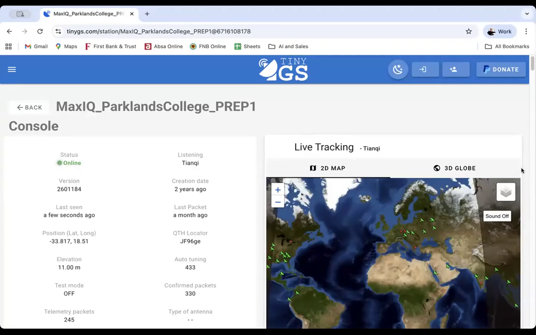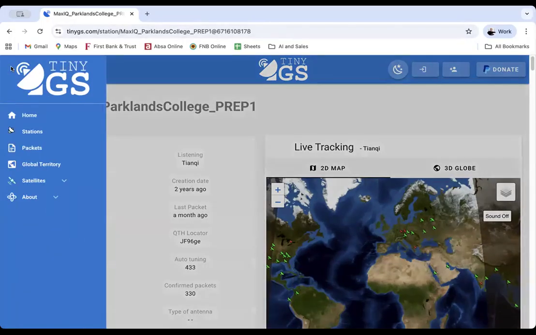That's why it's a community that is growing and growing. As a student group, you only need to focus on your satellite build and launch, because you have this entire community helping you with downloading.